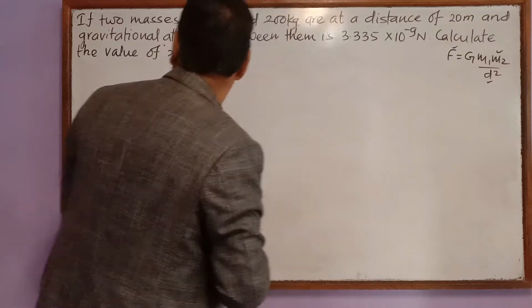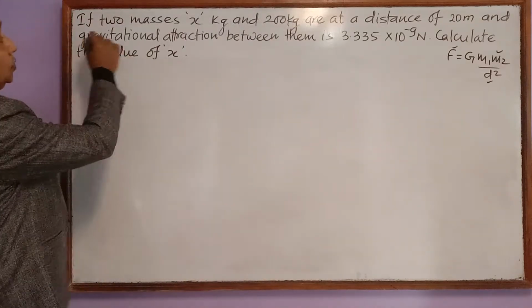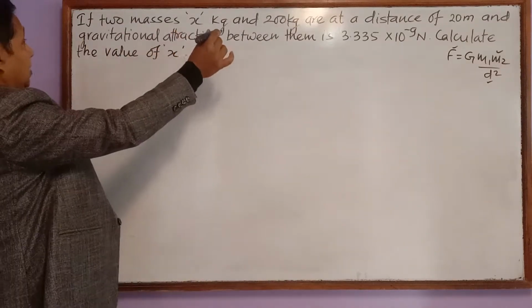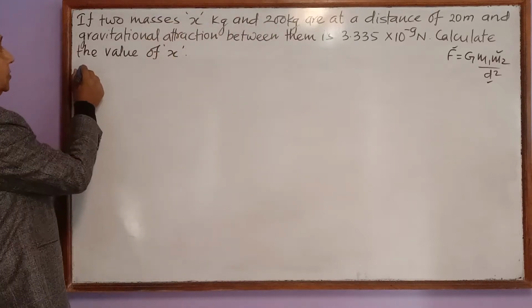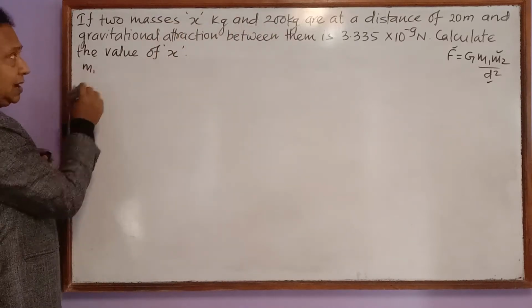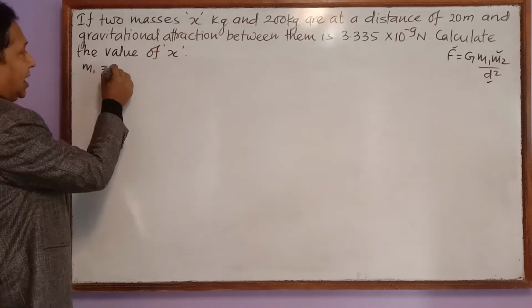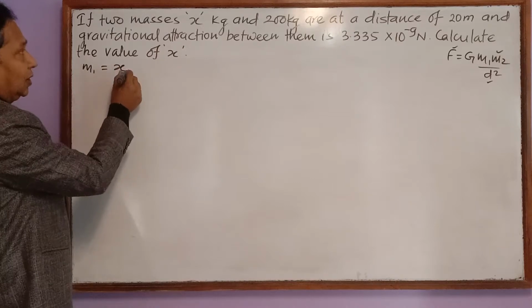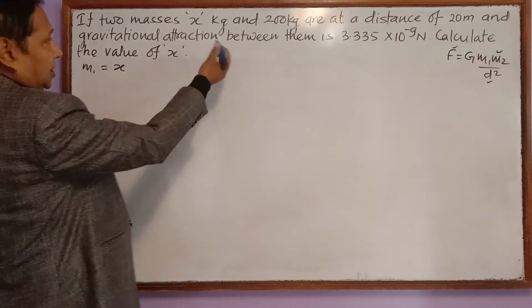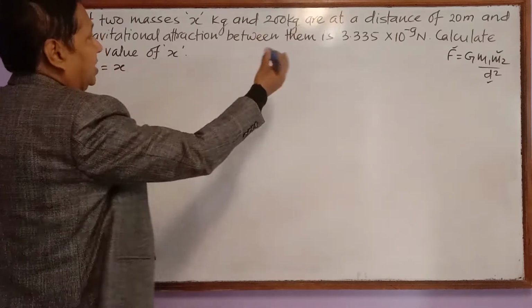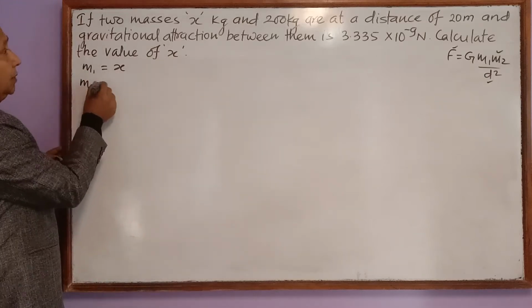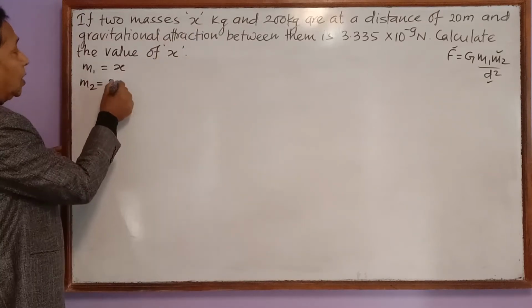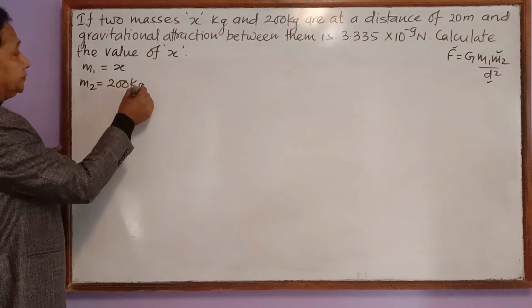Okay, let's start. If two masses x kilogram and 200 kilogram are at the distance of 20 meter, one of the masses can be represented by m1 and this is, let's say, x kilogram. We don't have to write kilogram, it comes in kilogram if all the quantities are in SI system. And m2 is 200 kilogram.